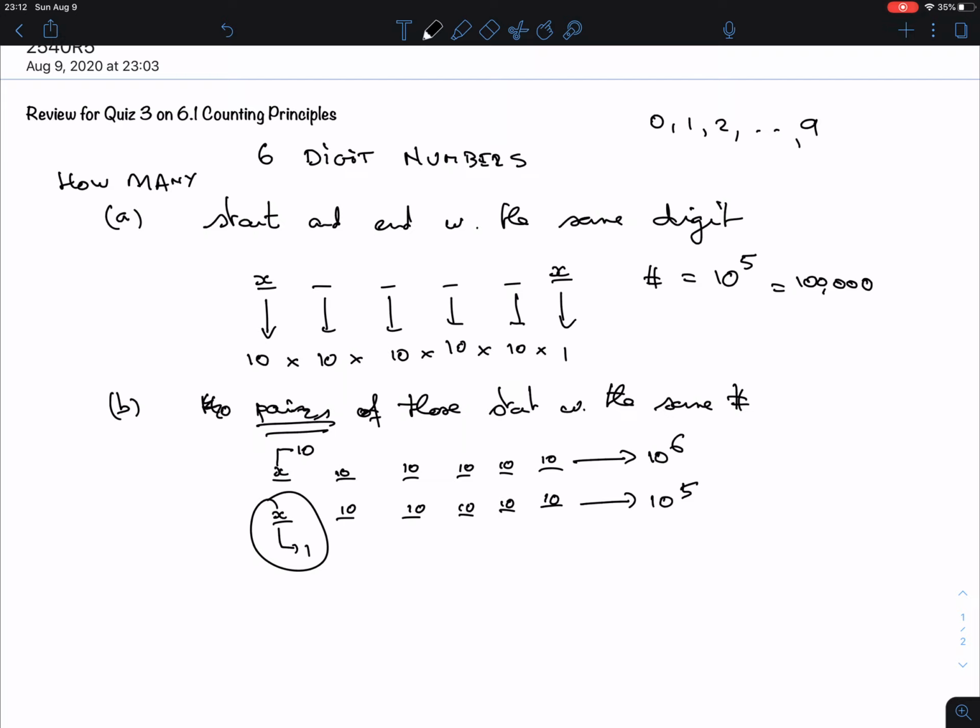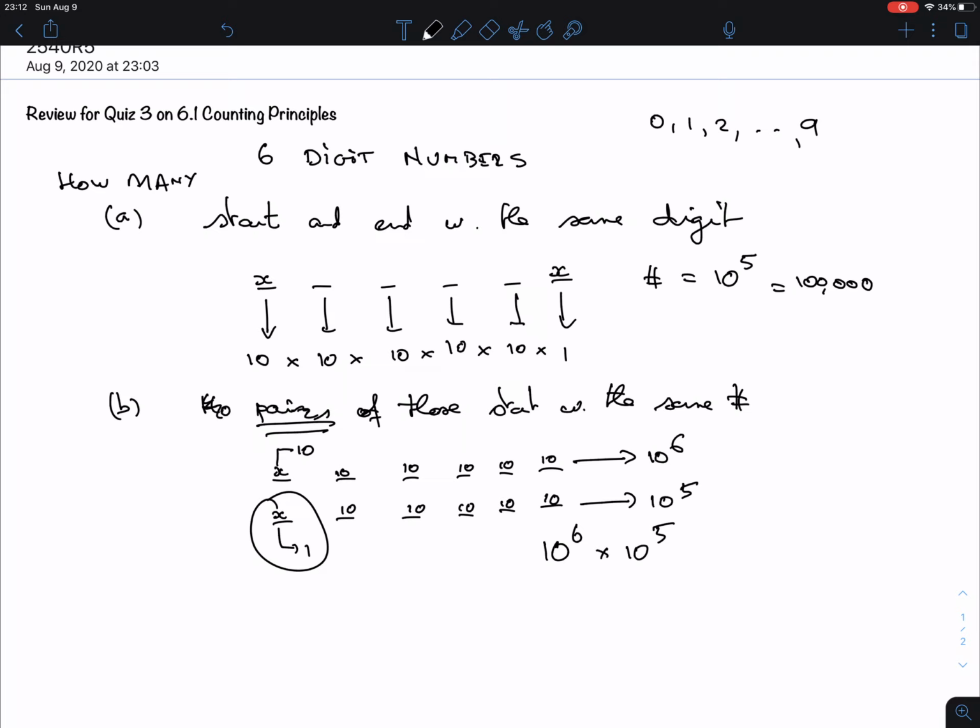I'm looking for pairs, so I choose one number and I choose the other. Is this an 'and' or an 'or', you might ask? Well, it's a pair, so it's 2 things I'm choosing, so I have to multiply 10 to the 6th times 10 to the 5th.